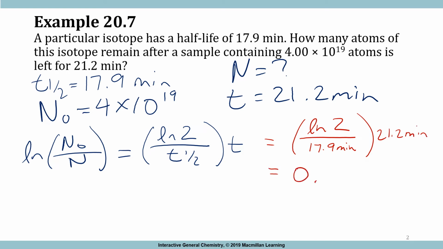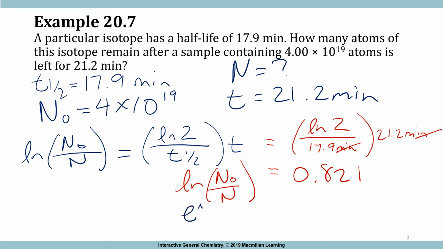So I get 0.821. Those minutes are going to cancel, and this is not going to have any units. So that's going to be on the right-hand side. On my left-hand side, I have natural log of your initial amount divided by N. And if I need to go any further, I need to get rid of that natural log out front. So I'm going to have to take e to the power on both sides to get rid of that natural log.